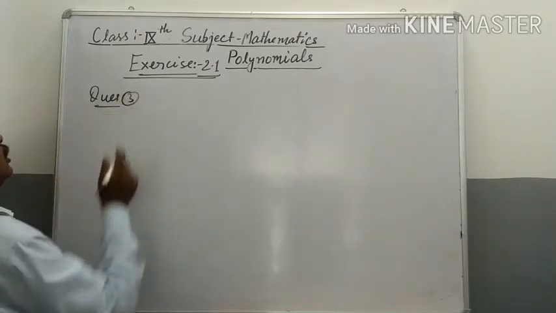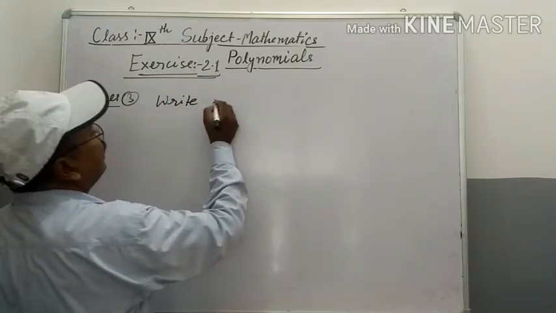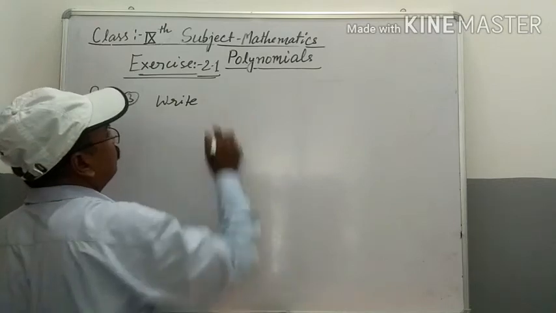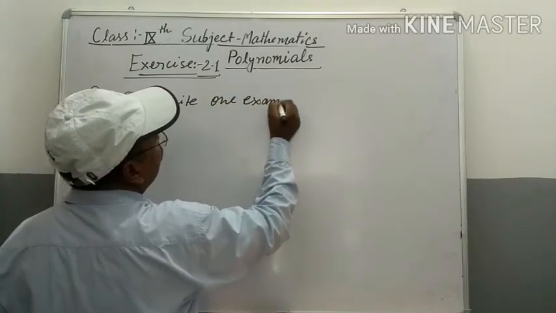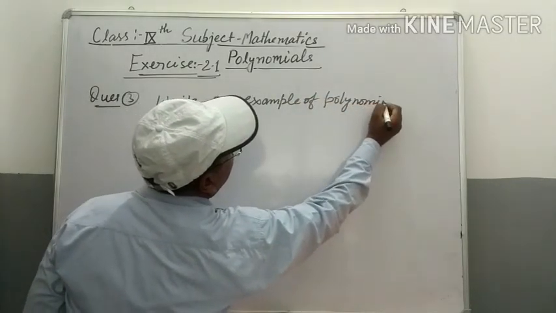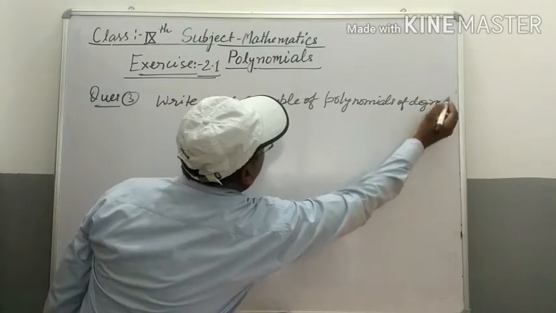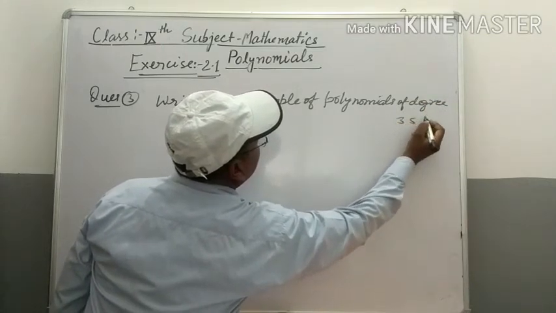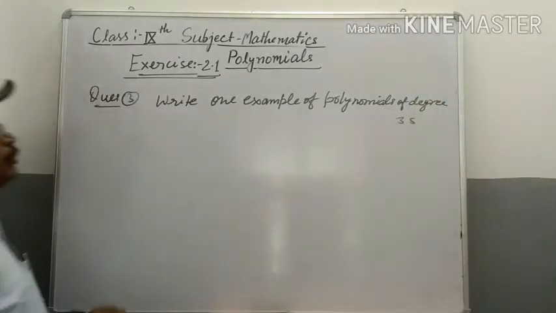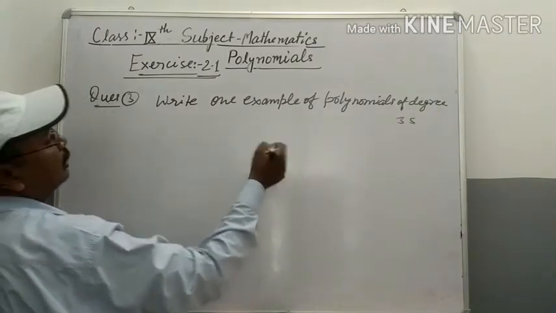Definitely, students, in this question, write one example of polynomial of degree 35. स्टूडेंट्स, डेफिनेटली हमें जो है एक बाइनॉमियल लिखना है, राइट?